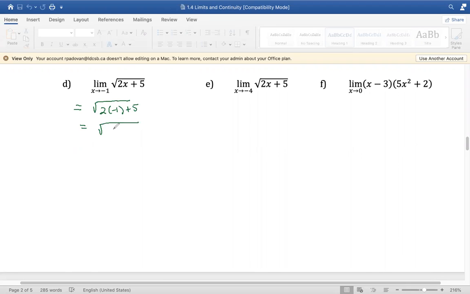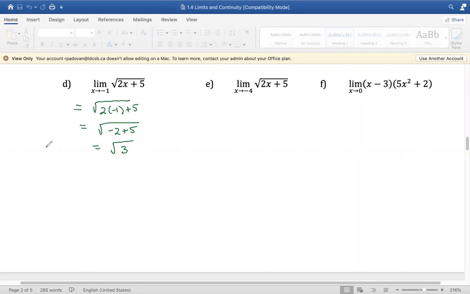So that equals the square root of -2 plus 5, which equals the square root of 3. So the square root of 3 is a number, so it's continuous. We do get a decimal. We can write it as a decimal, but we know that it's already a number. We know it's not a number over 0 or 0 over 0, so we know it exists, and we can just leave it written with the radical symbol as the square root of 3.